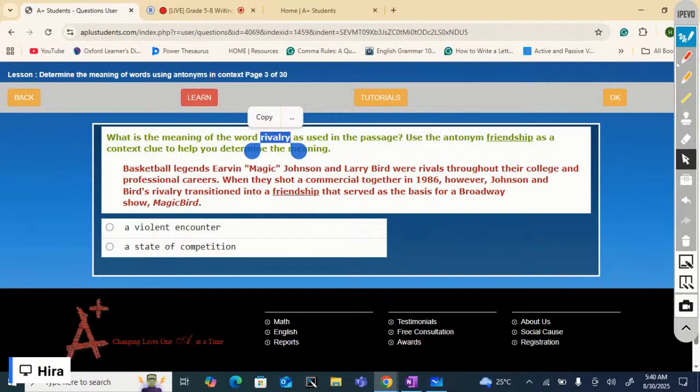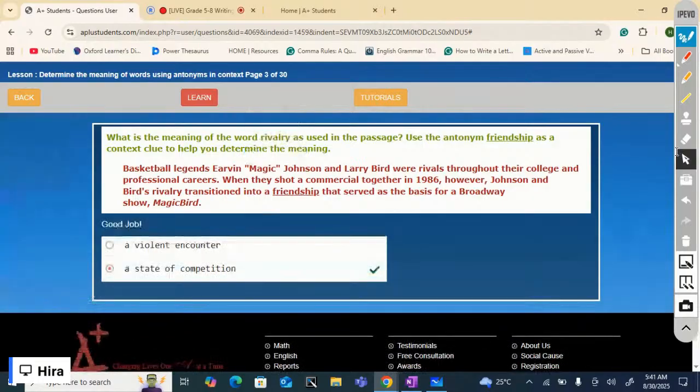So it's easy for you. Rivalry means a state of competition.